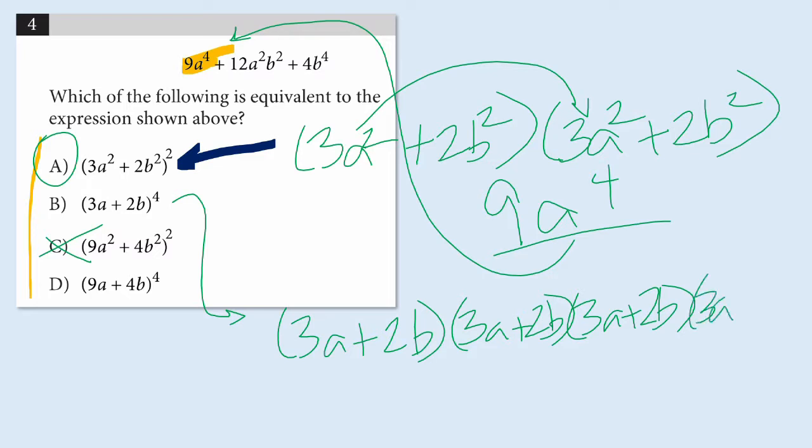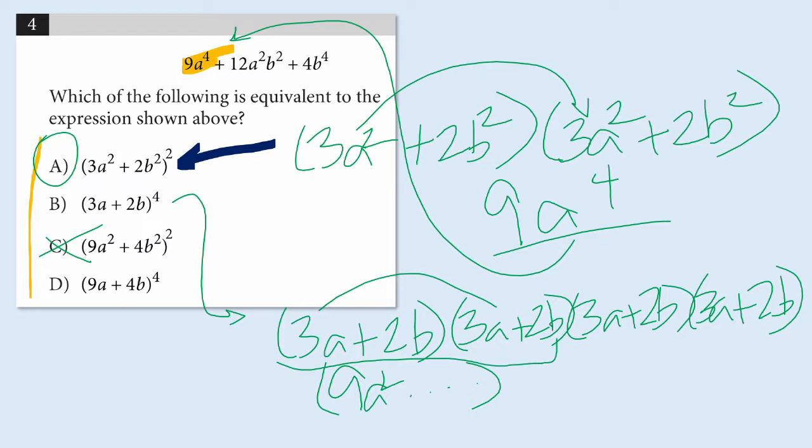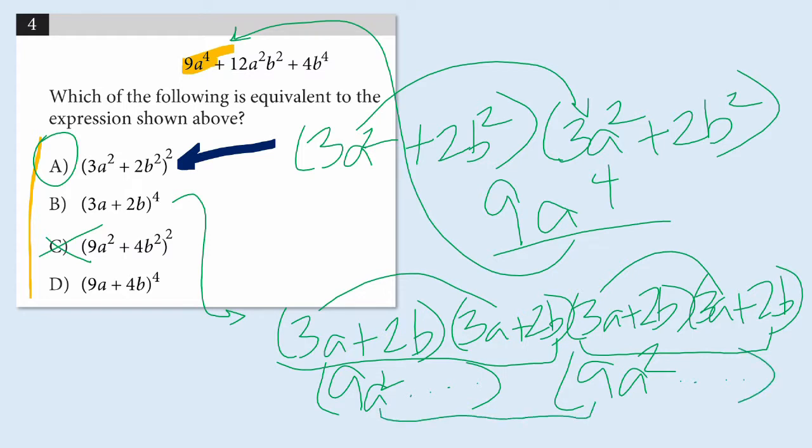So if I multiply my a terms here, I would have 9a squared, and then the rest of the expression. If I multiplied now these two together, I would also have 9a squared and the rest of the expression. And then when I multiply these out, I would have 81a to the fourth. So I know that's too big because what I'm looking for is 9a to the fourth. So I'm going to eliminate B.